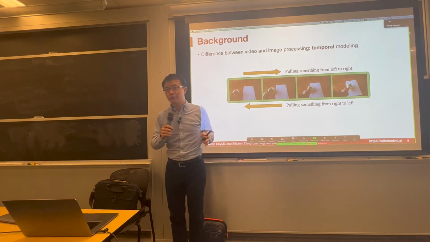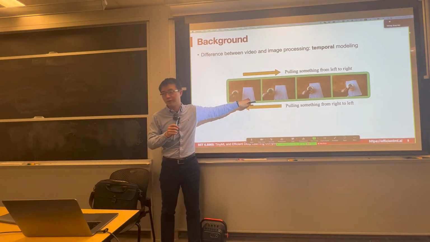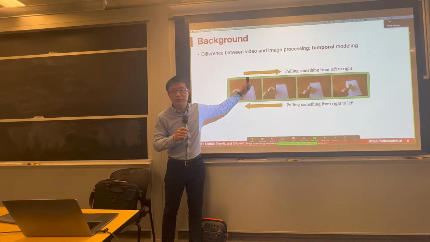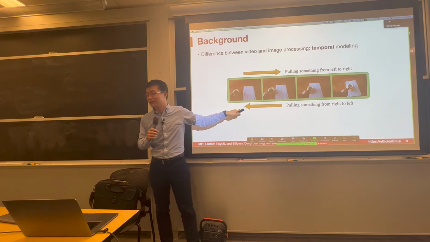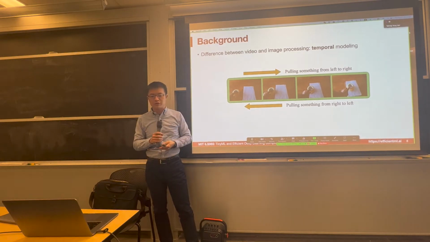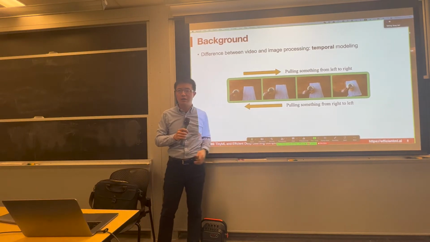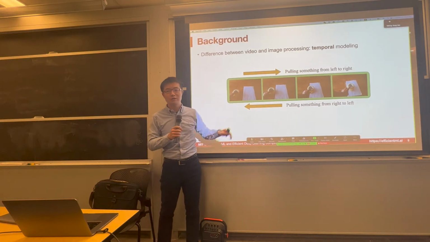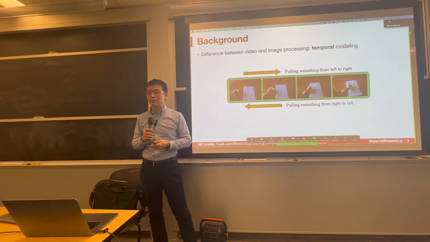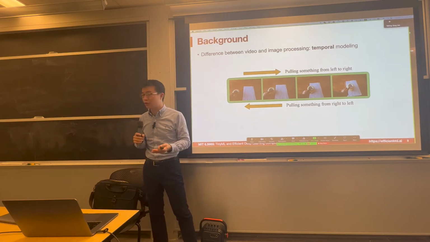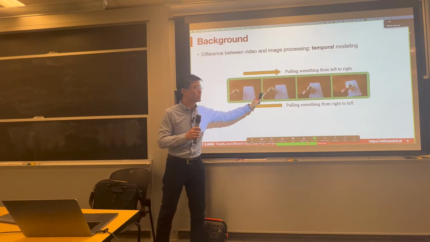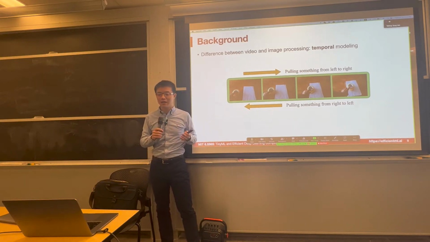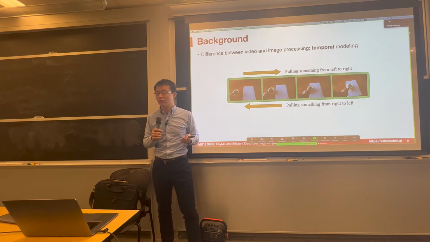By looking at just a single frame, we actually don't know whether we are putting something from left to right or from right to left, right? So that's the difference between video understanding versus image. We cannot just look at a single image and then determine what is happening in this video, right? So temporal modeling, understanding the temporal information, not only the spatial information, is the key, important thing for video understanding.